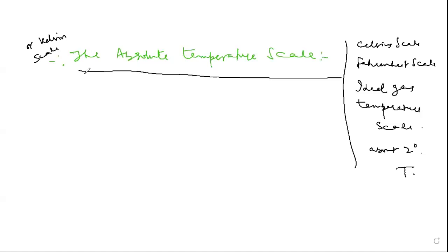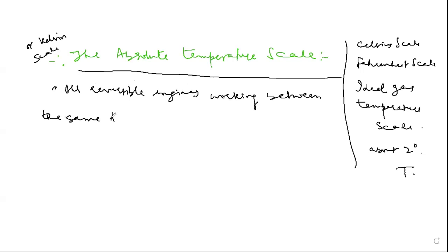The corollary was: all reversible engines working between the same two reservoirs have the same efficiency, right? This is a corollary to the Carnot theorem.